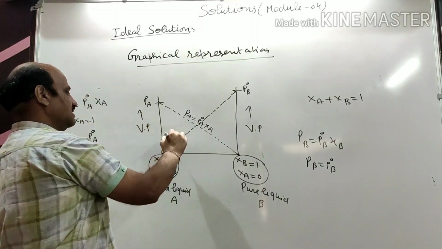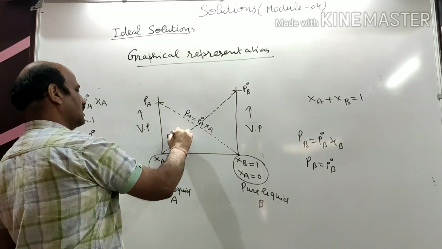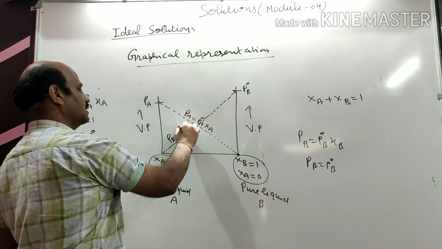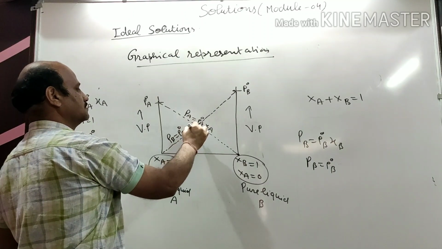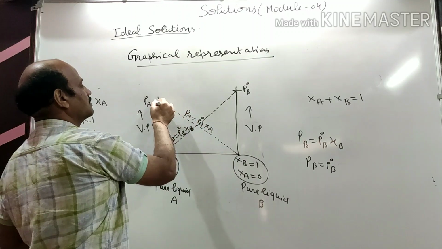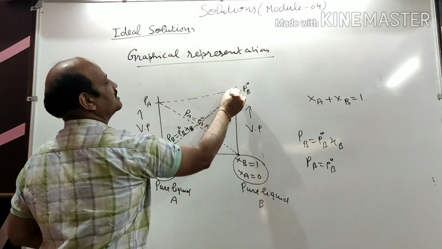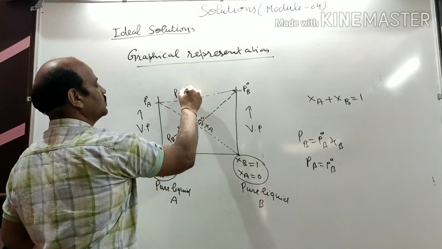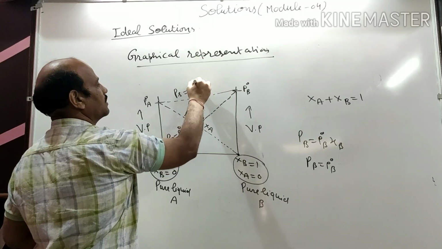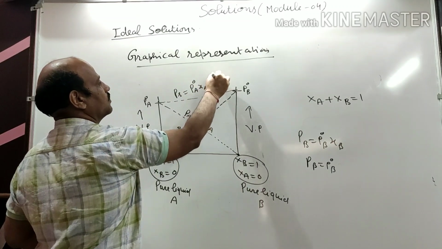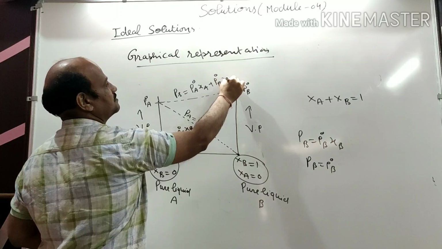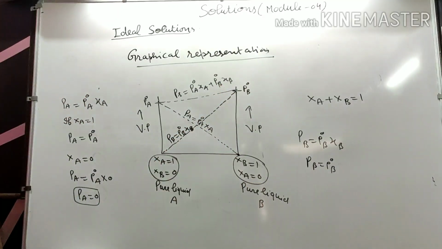Clear? And this is PB and this is P naught B. This is XB. And this is for PS is equal to P naught A XA plus P naught B XB. This is the graphical representation for ideal solution.